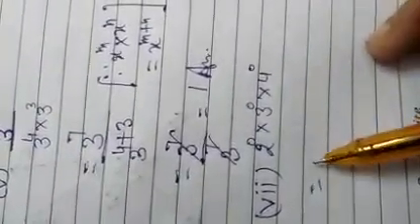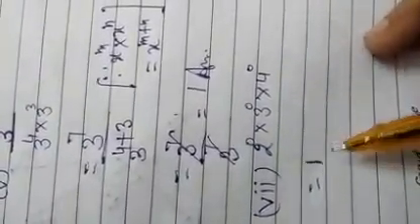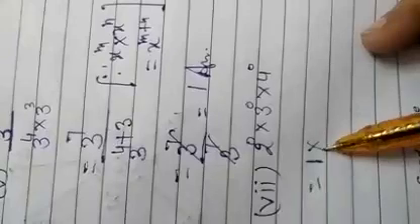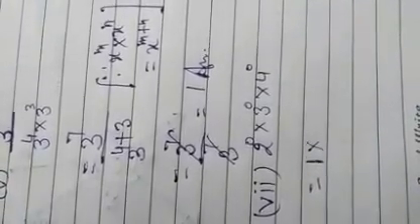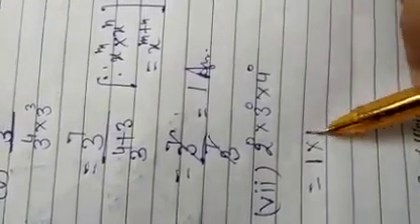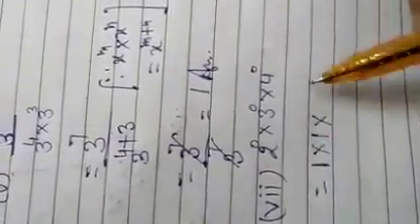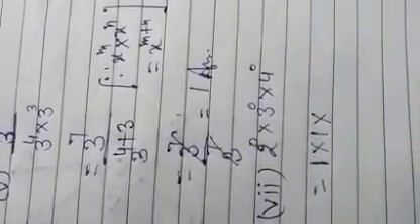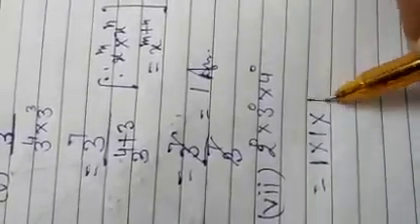2 raised to the power 0, what will it become? It will become 1 according to the identity x raised to the power 0 equal to 1. Now 3 raised to the power 0 will also become 1, and 4 raised to the power 0 will also be equal to 1.